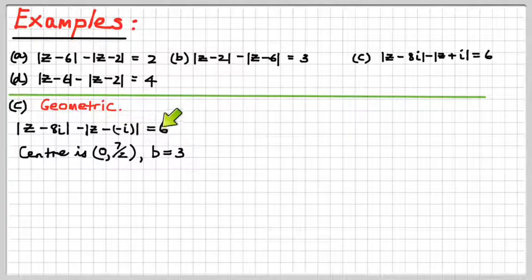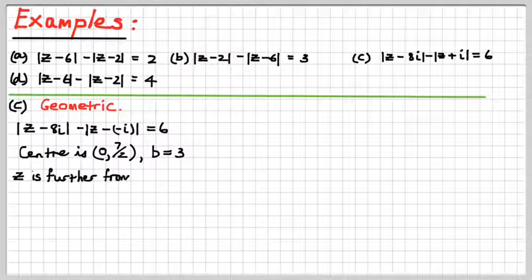Maybe it's the down vertex. Wait a minute, I've got to establish that yet. If it's further from the upper point than it is from the lower point, it's going to wrap itself around the lower point. So we would be dealing with the lower branch. So this distance here is the distance from the centre downwards to the vertex of the lower branch.